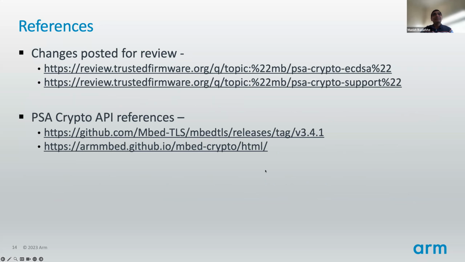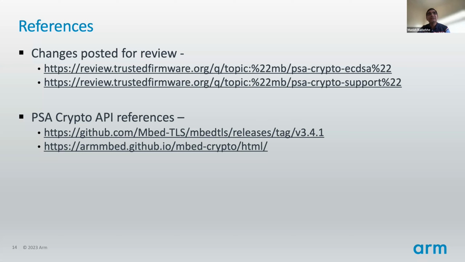The changes are out right now, meaning a few of them have already been merged. The initial ones, which use the RSA-based crypto verification, are merged now. Another set is for the ECDSA verification, and those are under review currently because there are some discussions going on.